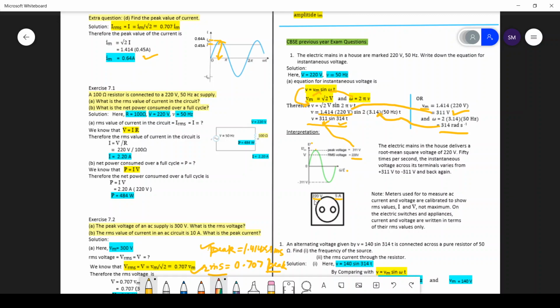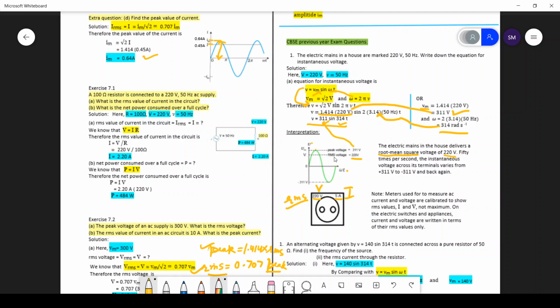These values are RMS values, and you simply write it as I, and this simply as capital V. Here the peak voltage was 311, RMS is 220, and frequency was 50 hertz. So the electric mains in the house delivers a root mean square voltage of 220 volt. The full form of RMS is root mean square.